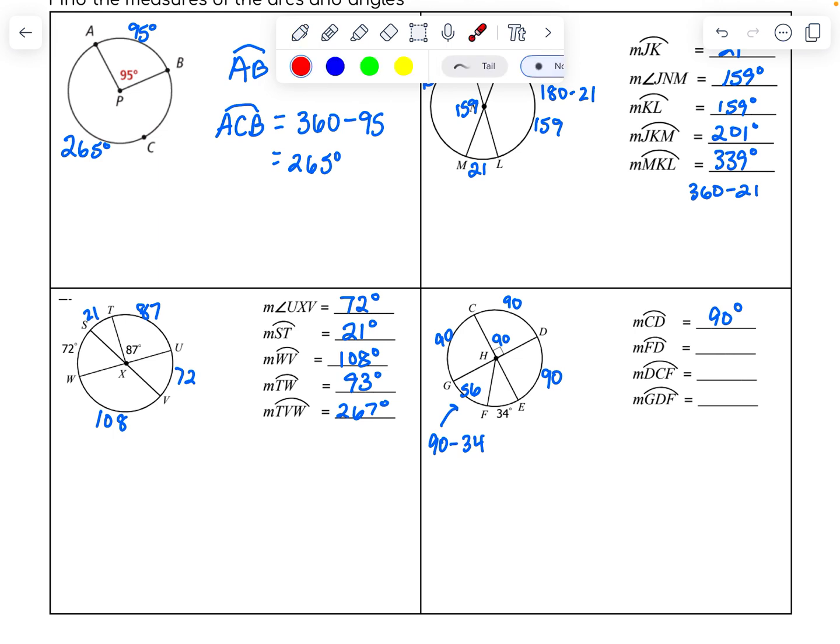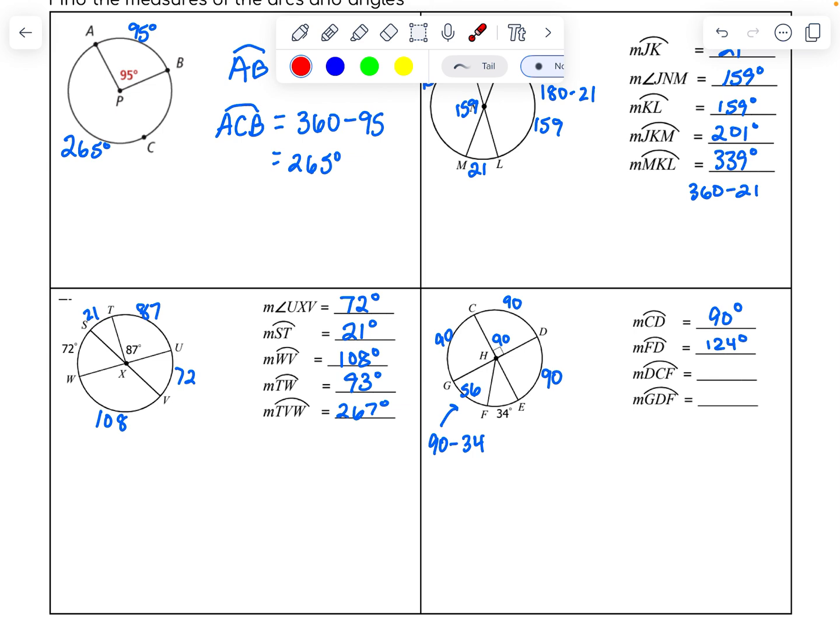F to D, so we start at F and go to D the short way, would be these two parts right here. So 90 plus 34 should be 124. And then the next one says DCF, so here's D to C all the way to F right here. Well, if you think about it, we just found what F to D is, so we can just subtract that from 360.